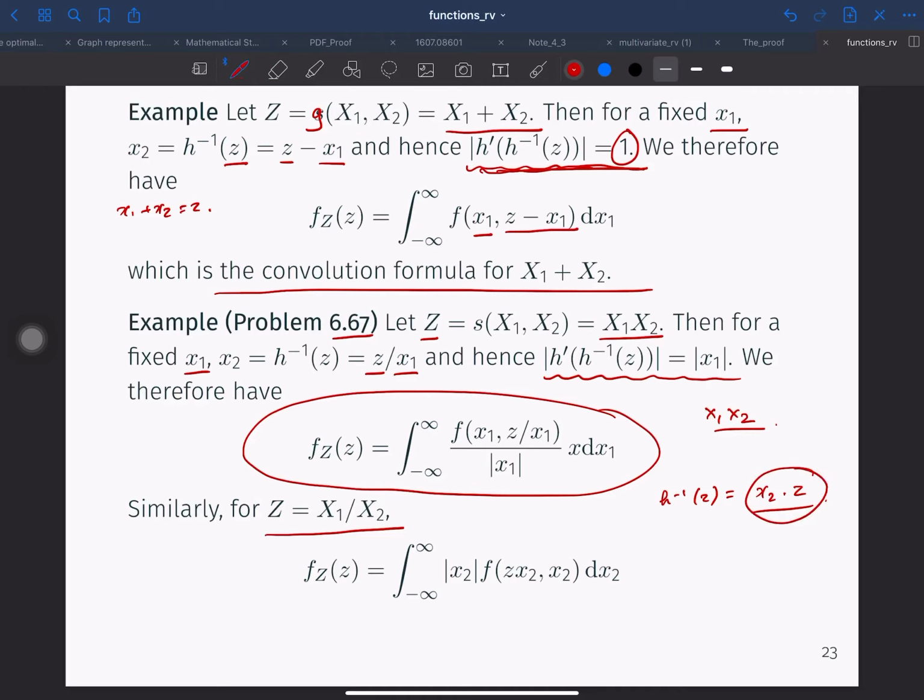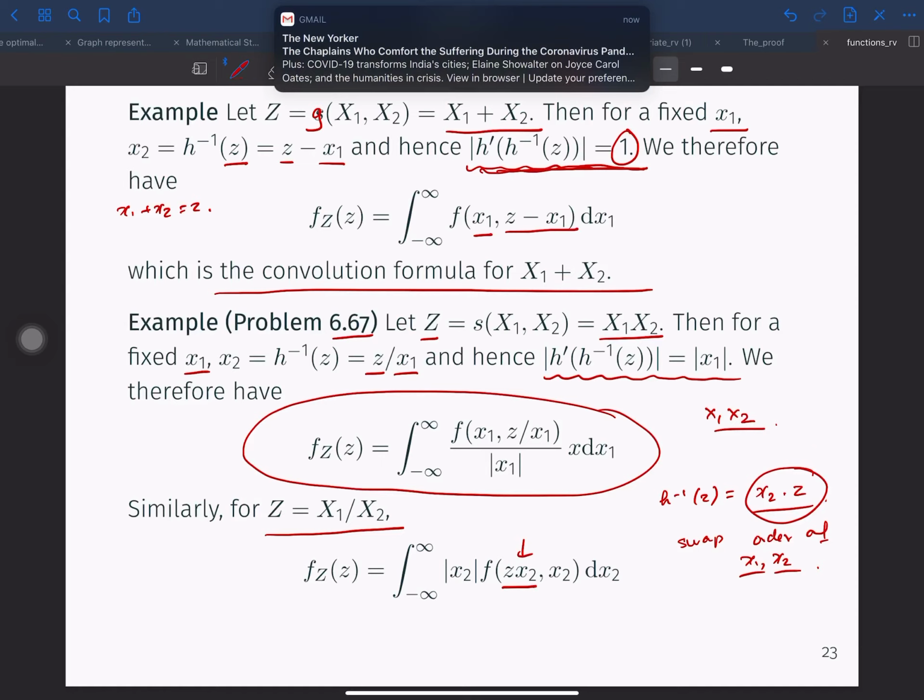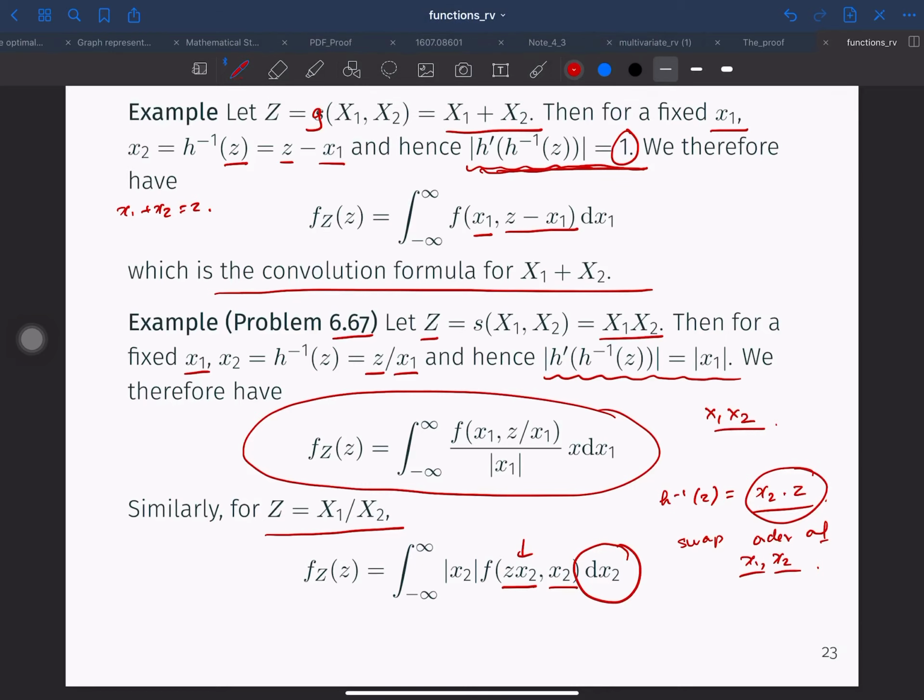So in this case, I will swap the order of x1 and x2. That's why it's z x2, with x1 replaced by z x2. And then the limit of integration will be with respect to x2. But the main point is that once again, in this case, the absolute value of h prime of h inverse of z will now be equal to the absolute value of x2.